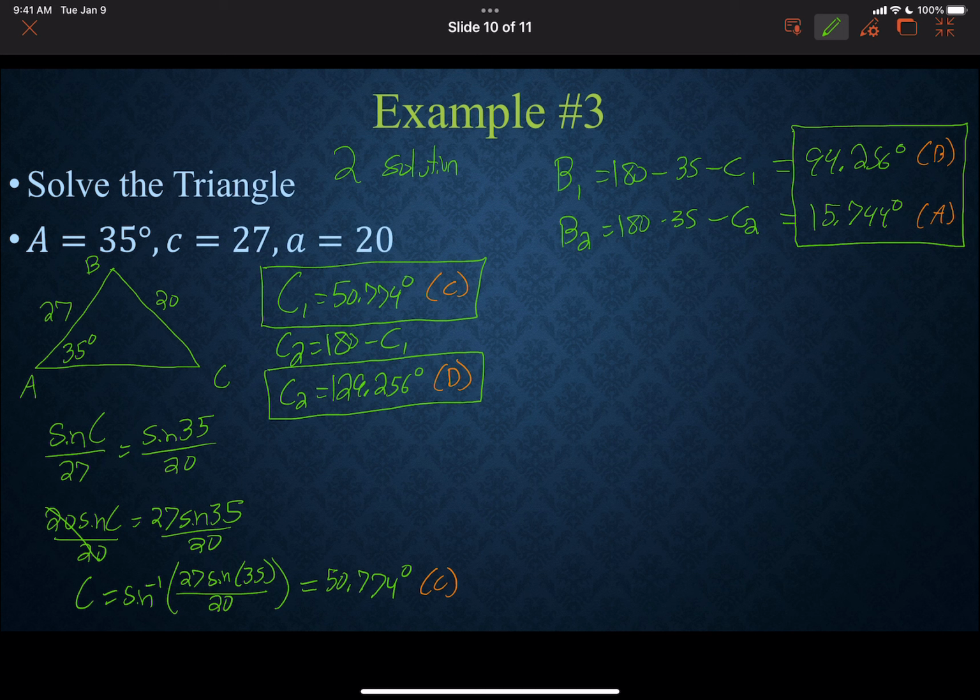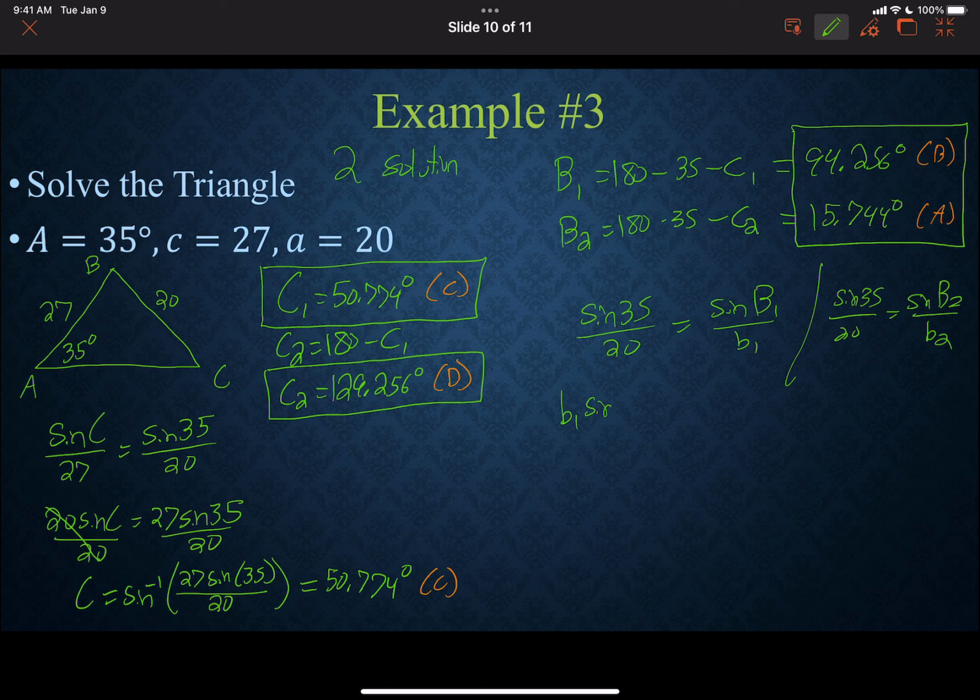Now that finally leaves us to solve for side B1 and side B2. So sine of 35 over 20 is the starting ratio. Sine of B1 over B1, and then versus the other option, sine 35 over 20, sine of B2 over B2. In both cases, we are going to have to cross multiply.